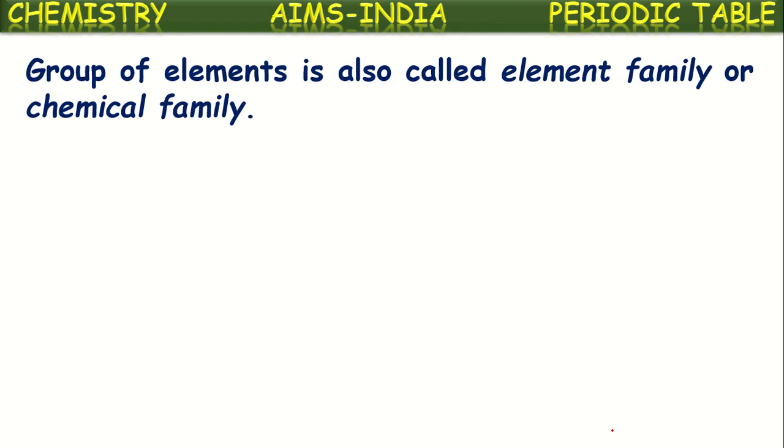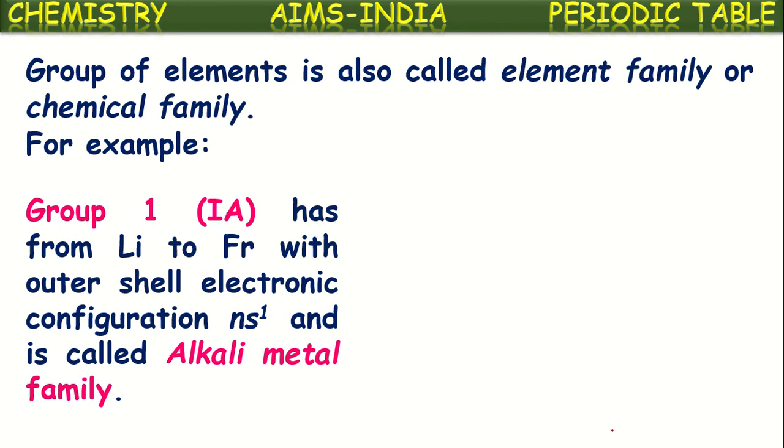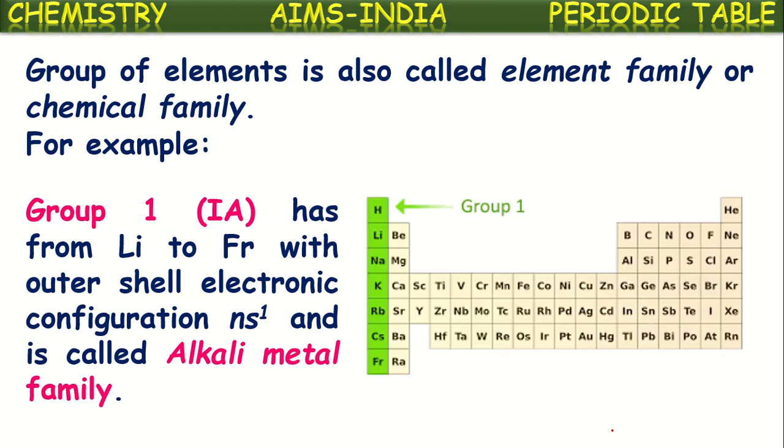Now let us see some groups and their representations. For example, group 1, that is the first group, the first column in the modern periodic table. These elements have their general outer shell electronic configuration as ns1. Okay. Except hydrogen, the remaining are all metals, highly reactive metals, isn't it?